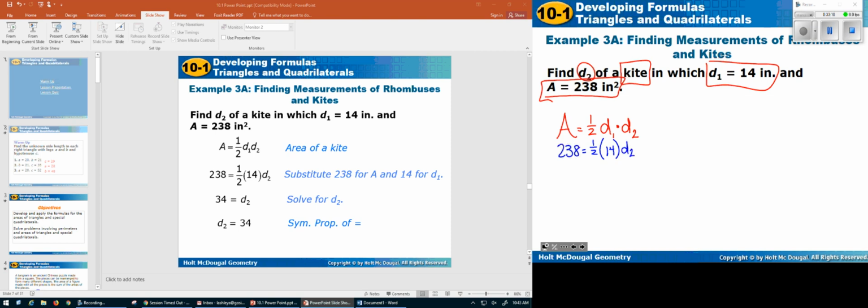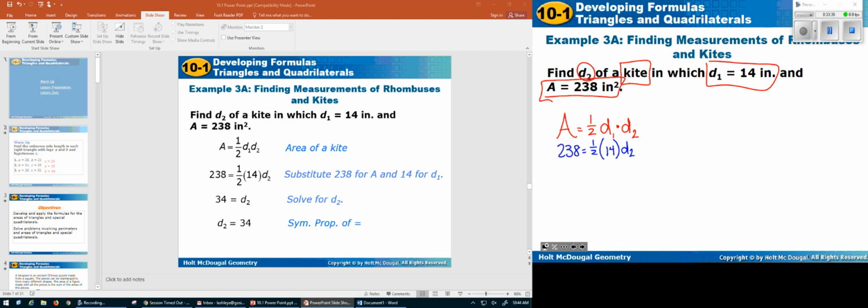Again, it's up to you what you want to do here. I could multiply by 2, which makes my numbers a little bigger, totally fine. Or this time it might be easier to just do 1/2 of 14, which is 7. Remember that you're multiplying from left to right.